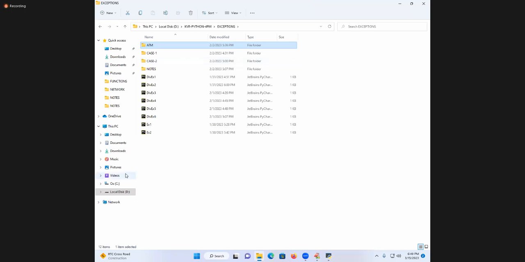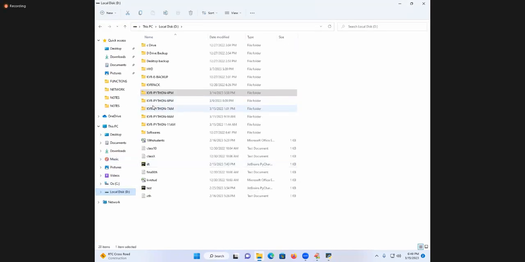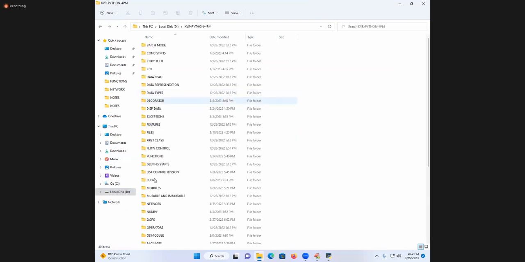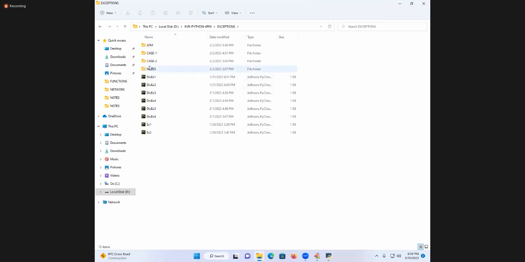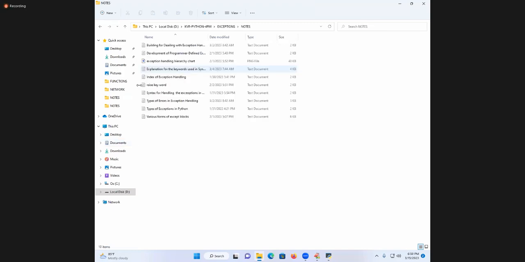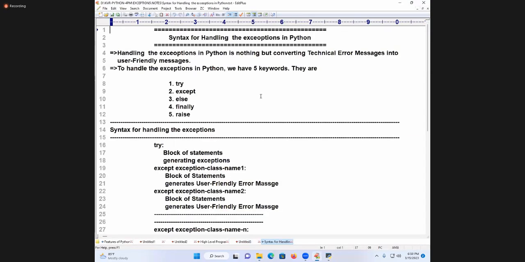For that, I am going to explain a lot of things in the class. There is a concept called exceptions. Case 1, case 2, the ATM application, so many things we are going to discuss. Under that, there is a syntax for handling the exception. There are some keywords in that: try, except, else and all those things.